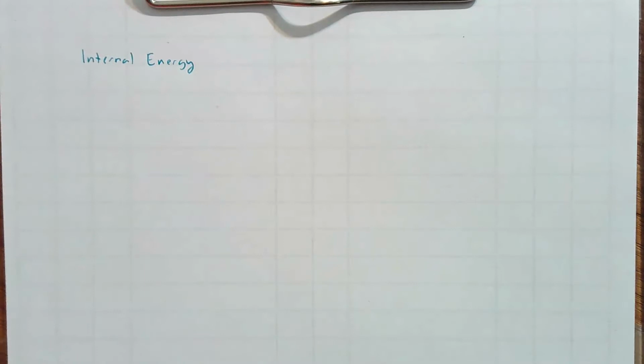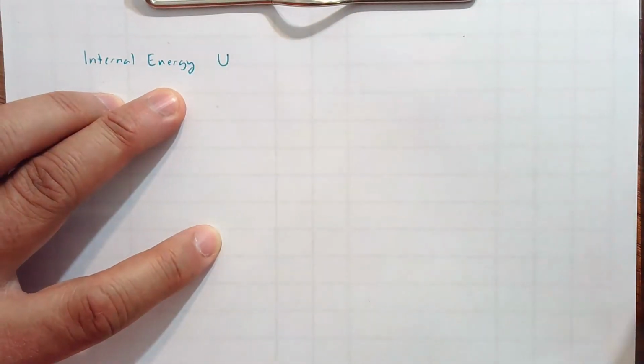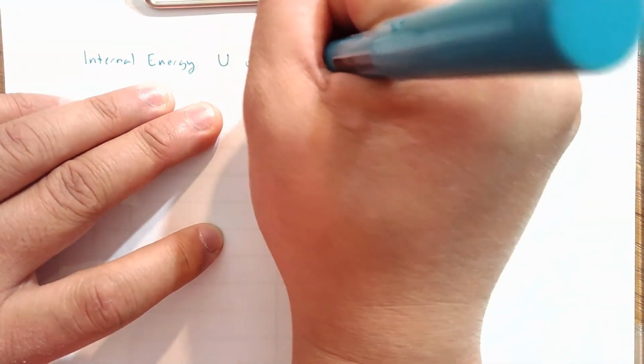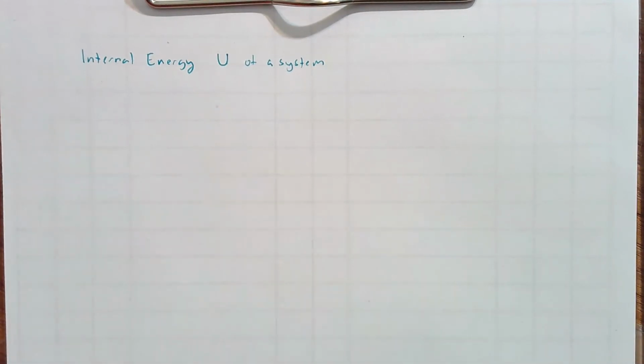But internal energy, that is U, the symbol U. And if we think about the internal energy of a system, that is the sum of kinetic and potential energies.